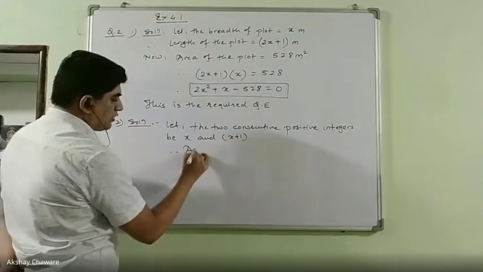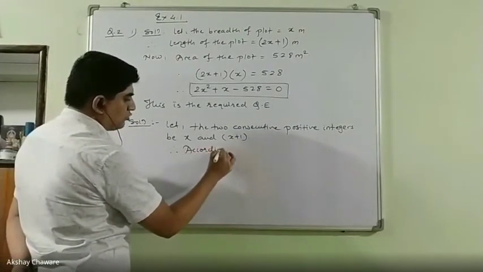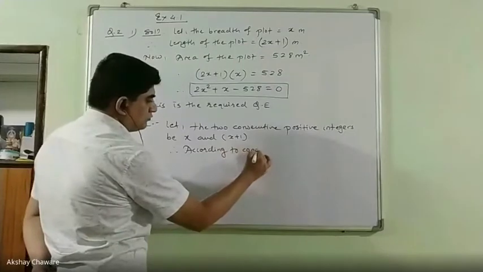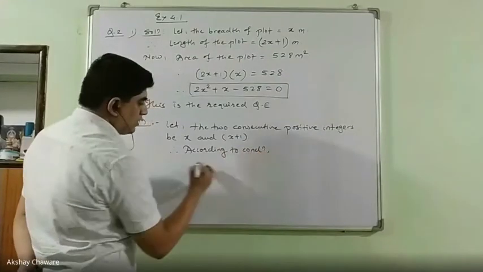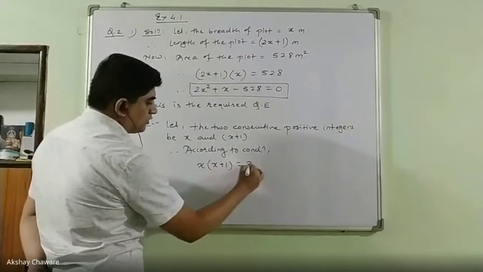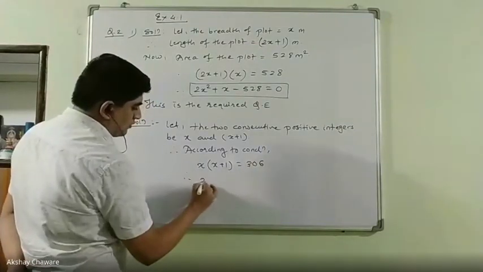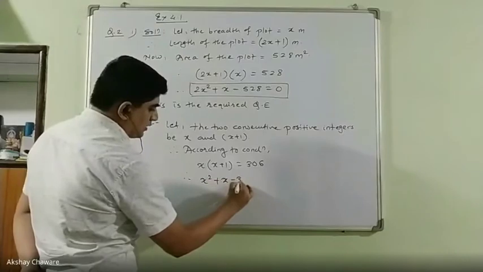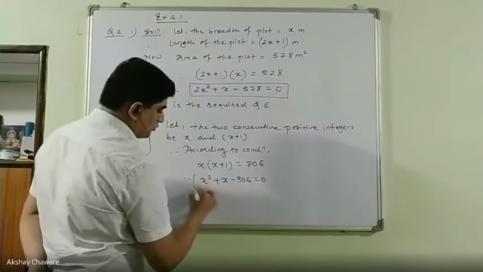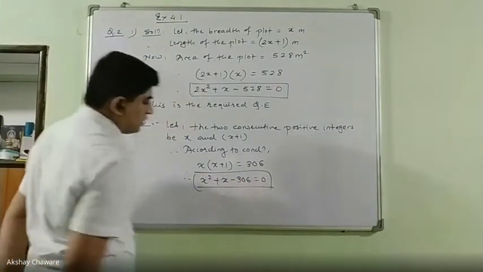According to the condition, the product of x and x plus 1 is 306. If we multiply it, we get x square plus x minus 306 equal to 0. So this is your required quadratic equation.